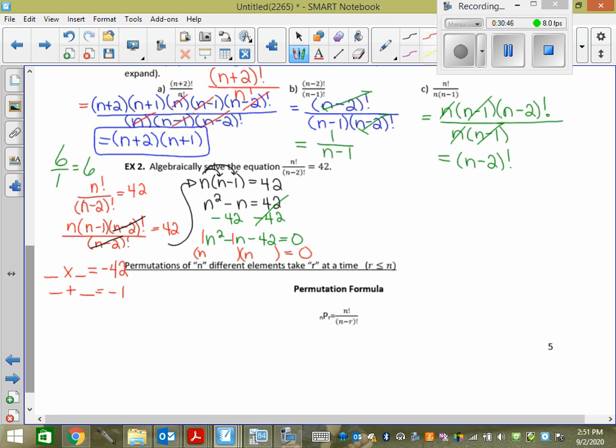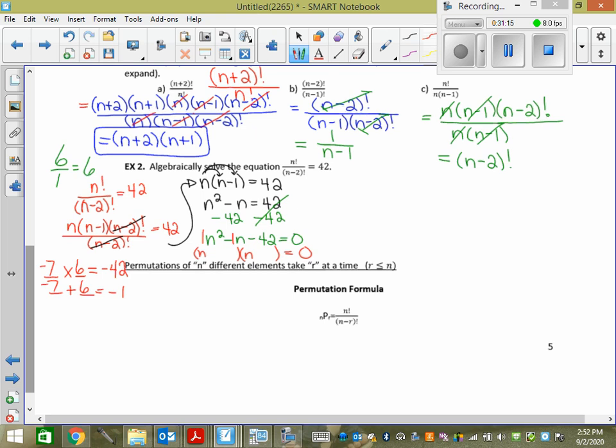So I always write it out like this so I don't mess up. What times what equals negative 42, what plus what equals negative 1. What's it going to be? Yep, 7 and 6. And which one has to be positive, Andrew, in order to get the... Yeah, 6 has to be positive, and the 7 has to be negative.